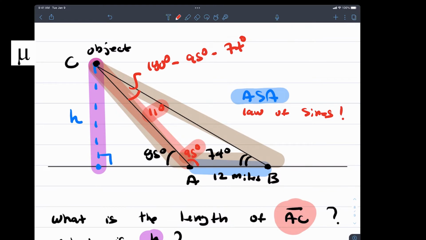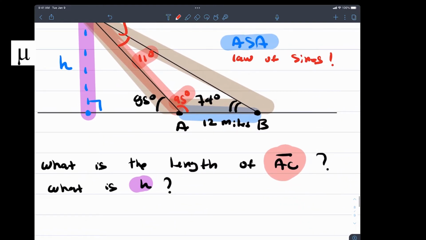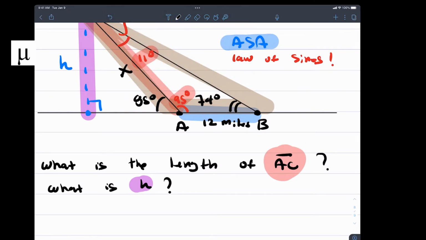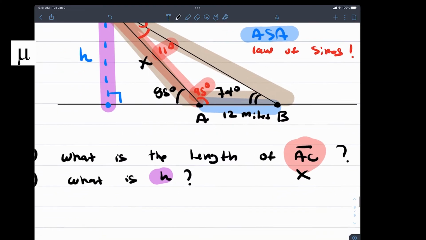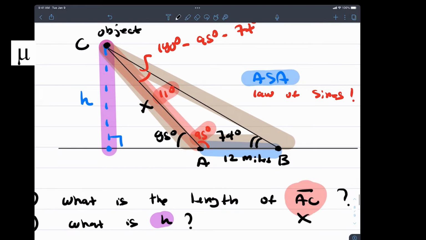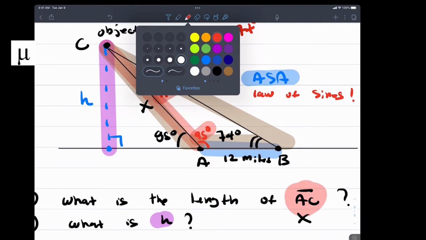So if you want to call AC here x, you say, can I find this length x? Sure. What do we know by law of sines, ladies and gentlemen?